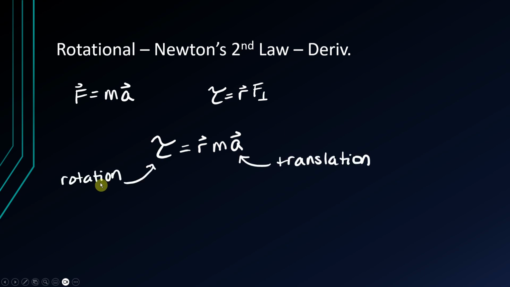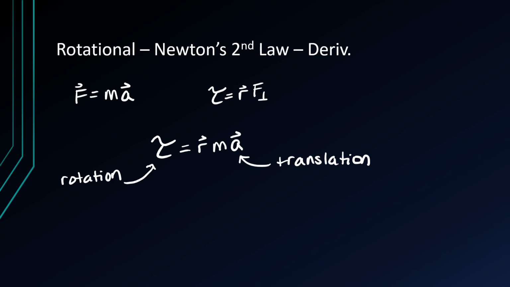Great. The problem here is that I have two different types of motion contained in the same equation, and that produces a lot of issues for us. Whenever we're thinking about an object that has translational and rotational motion at the same time, we want to pick one type of motion and convert everything into that one type of motion.